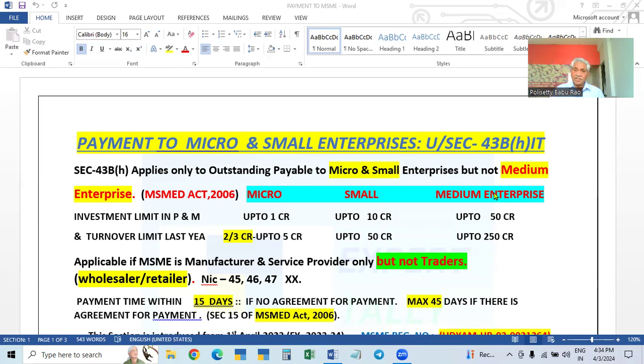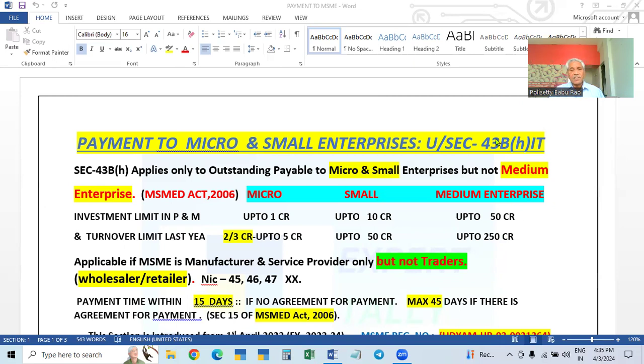Because in the return they will allow or disallow the expense, the amount is to be paid before that. So customers may pay the suppliers at any time till the return is filed, and they used to take a lot of time.